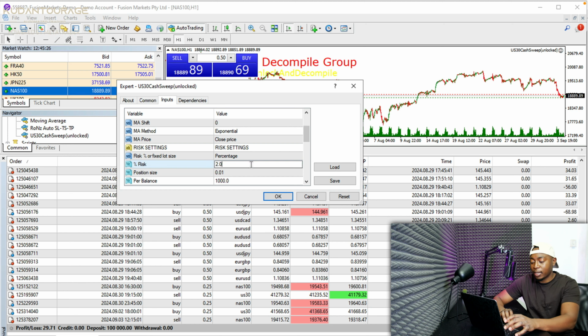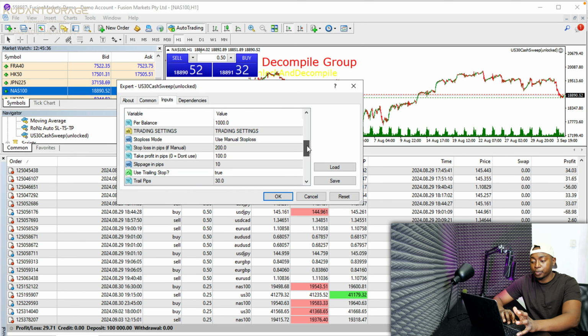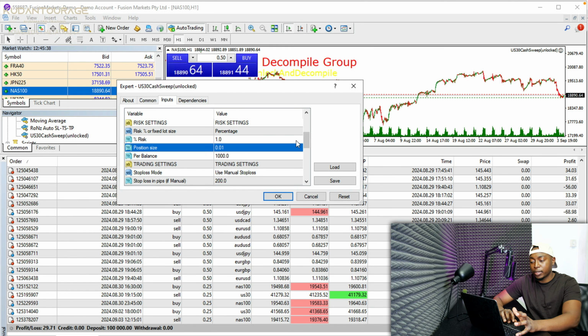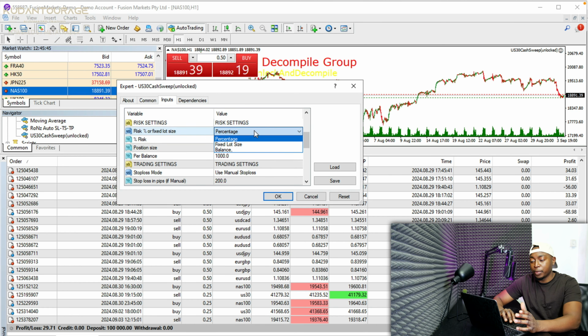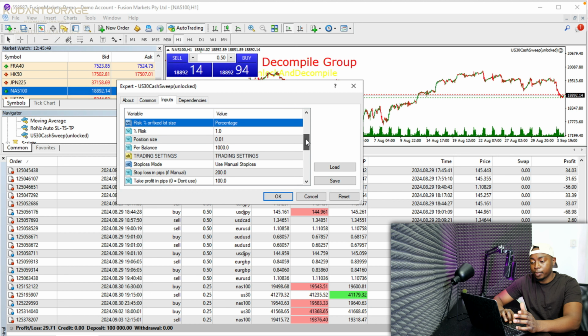So on here, risk percent, when I'm doing a trading challenge, I like to risk 1% because it's rare it's going to lose 4 trades in a row, but it's going to win at least some trades in the day. So I like to risk 1%, and then I don't need to change any of these position sizes or balances. That's all related to if you're using fixed lot or balance settings.